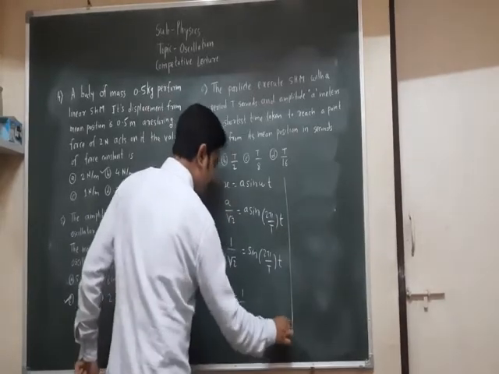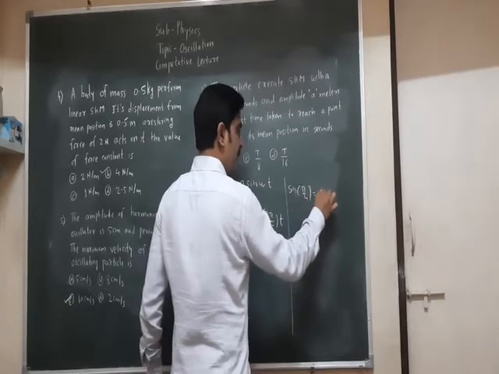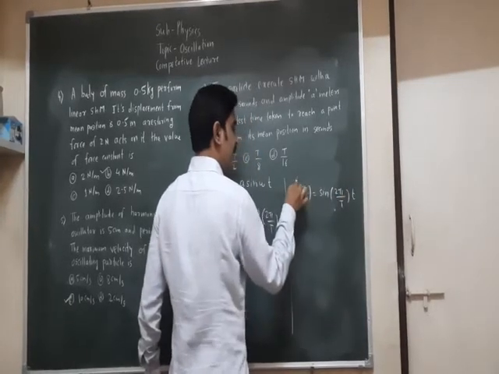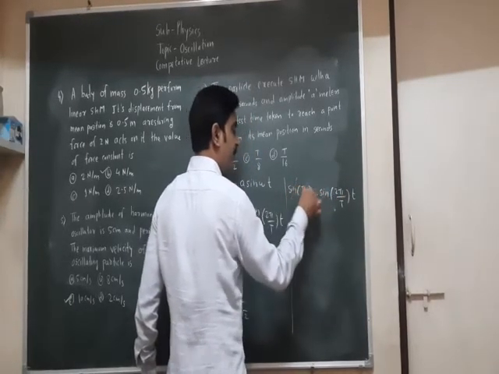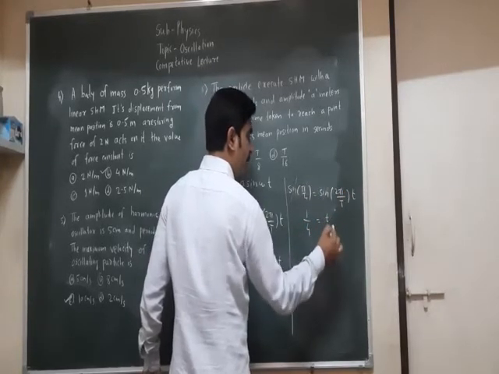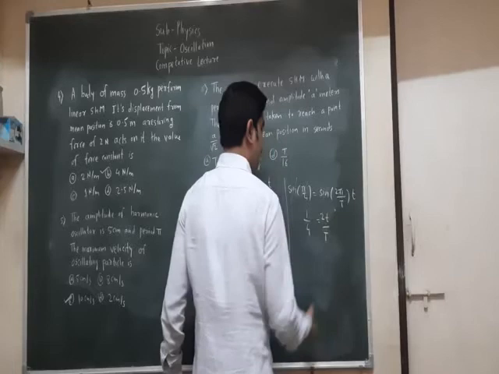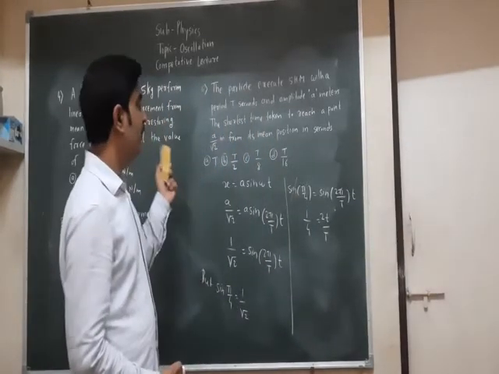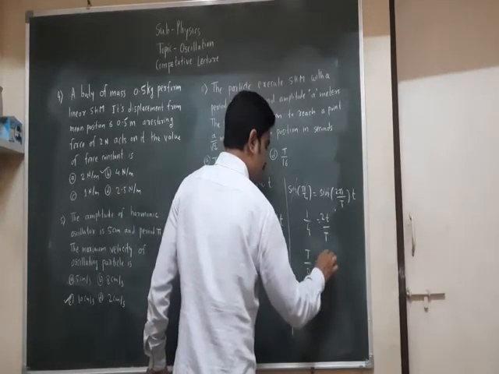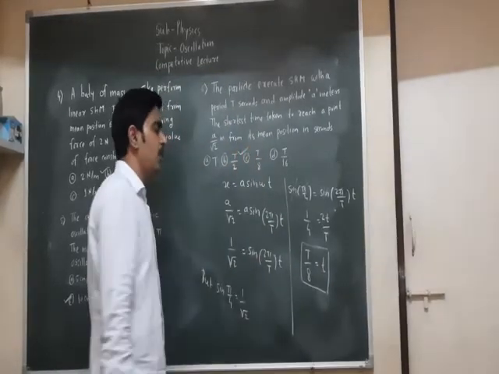So we can write here sine pi by 4 equals sine 2 pi upon capital T into small t. Sine will get cancelled there. Pi will also get cancelled there. So 1 upon 4 is equal to small t upon, here 2 will be there, capital T. Now we want the value of small t. So it becomes T by 8. So small t is equal to T by 8. So option number C will be correct here.